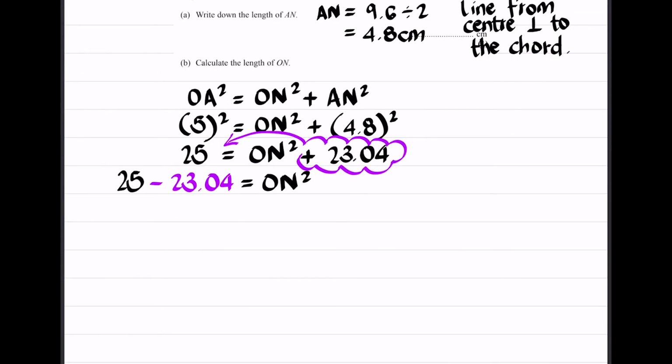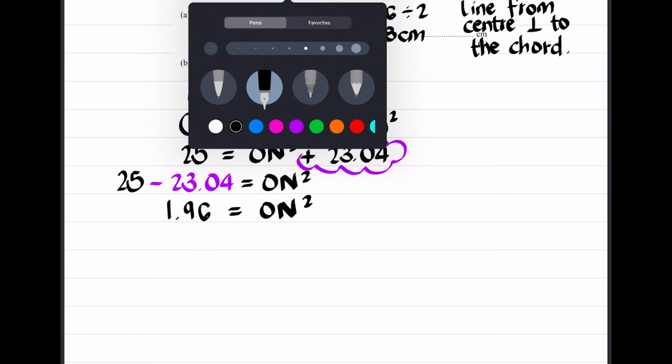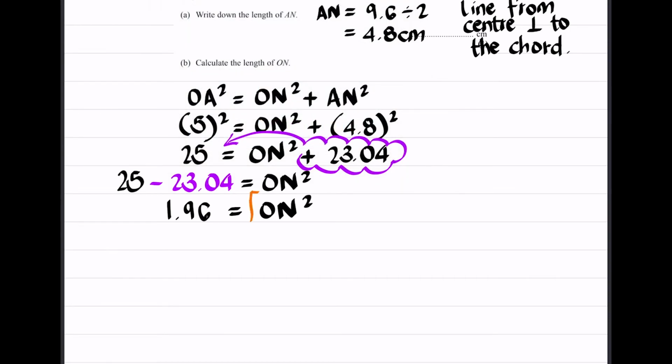So 25 minus 23.04 gives me 1.96, which is equal to ON squared. I don't want ON squared, however, I want ON by itself, so I'm going to square root both sides. The square root of 1.96 gives me 1.4 centimeters, carry down your unit, equal to ON. The square root of ON squared is just ON.